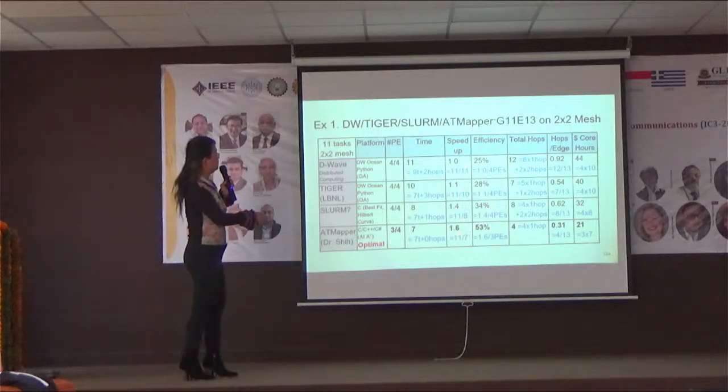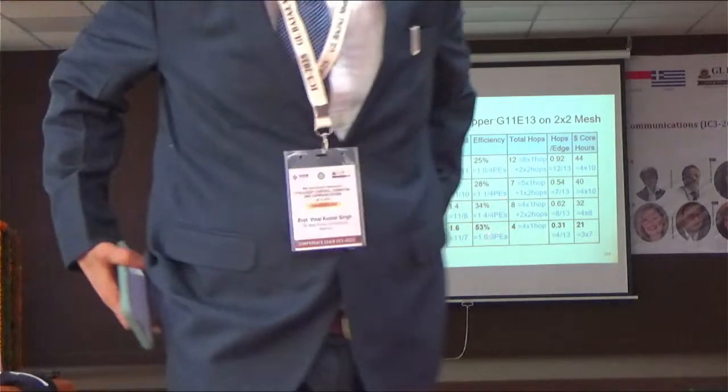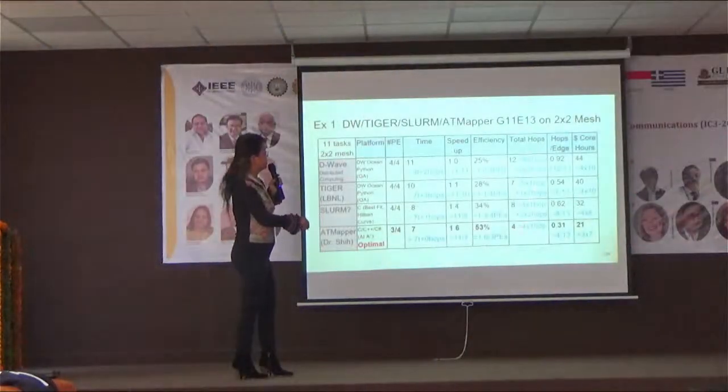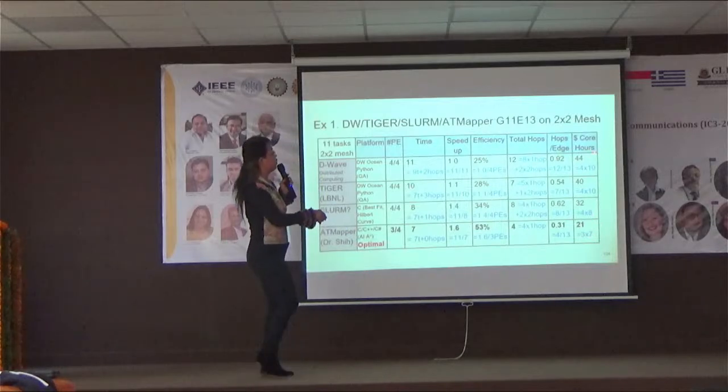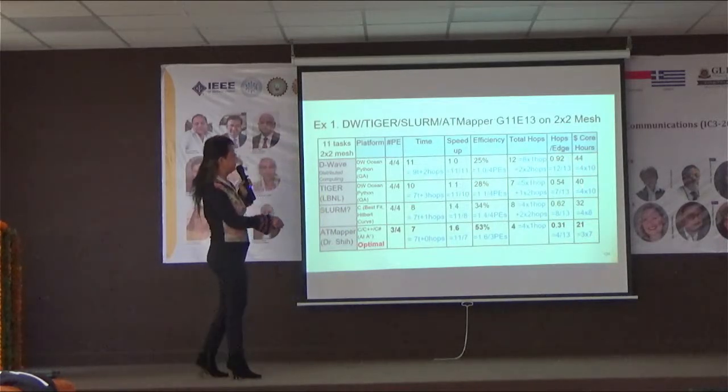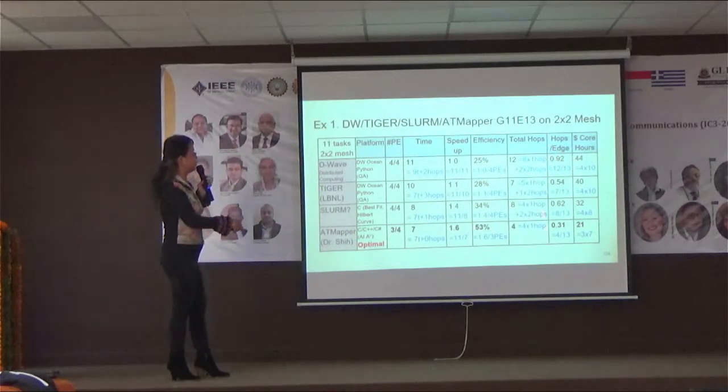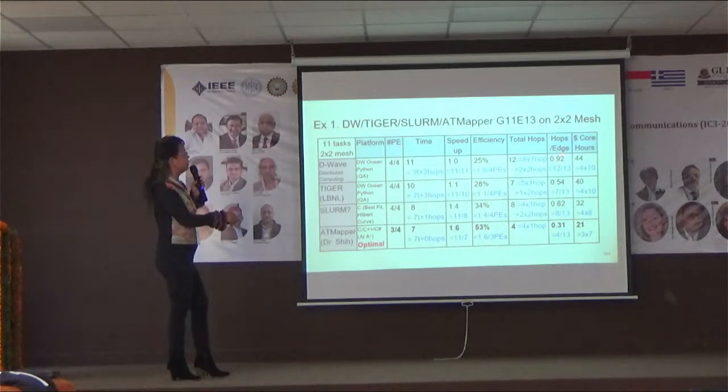The speedup is about twice as efficient, and I removed 2/3 of the hops. That means the network traffic is much more relieved. And for the user, you pay half the cost for the core hours that you pay the supercomputing center.